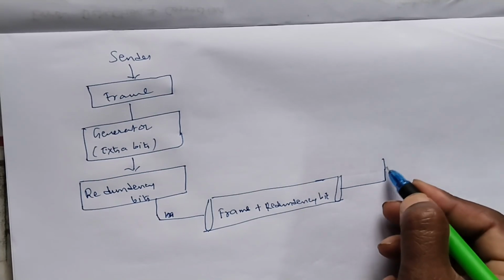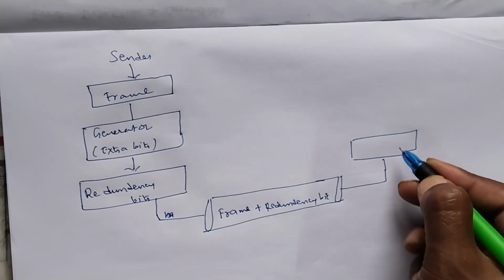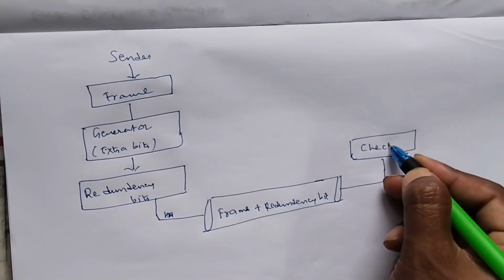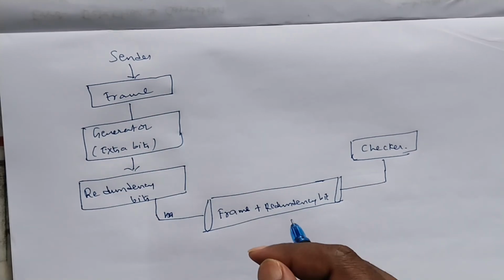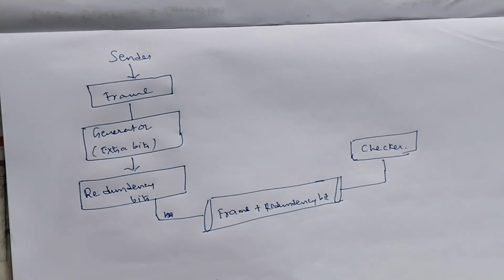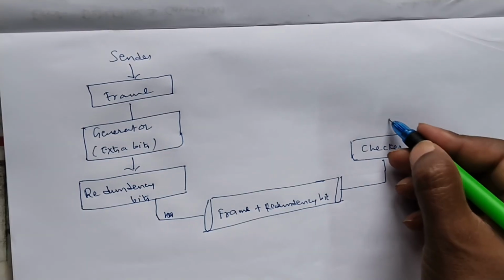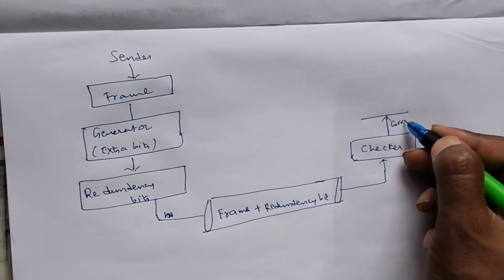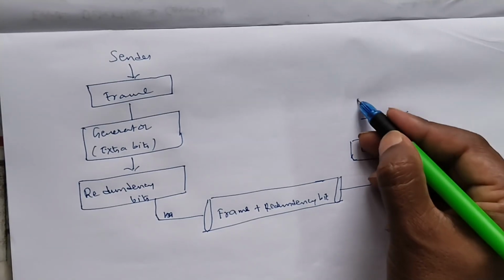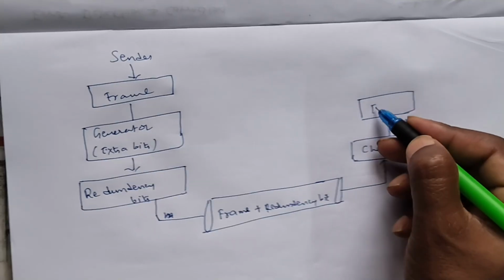At the receiver we have one block called the checker. What is the duty of the checker? The checker checks whether the arrived bits contain any errors or not. If the checker gets the exact original message, meaning it is correct, then it is converted to the frame.